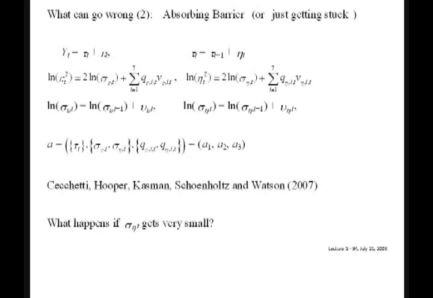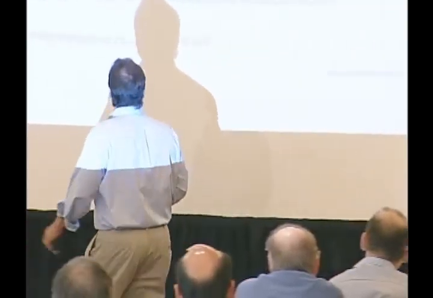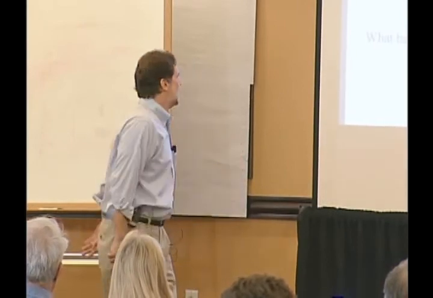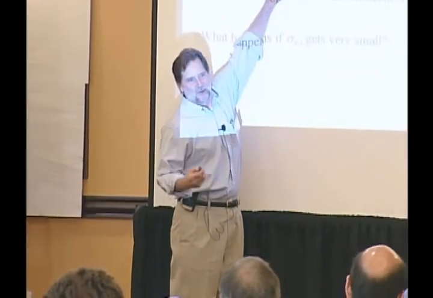And so here's the problem with this analysis. Here's what could happen. Suppose you're doing these Gibbs sampling draws, and suppose you do this once, and it just so happens you get a bunch of sigma etas that are really small.